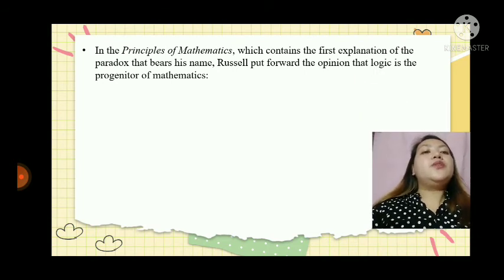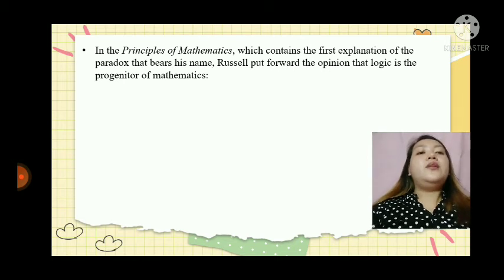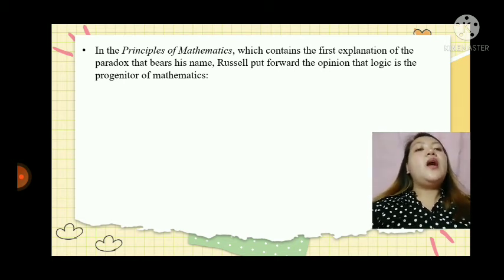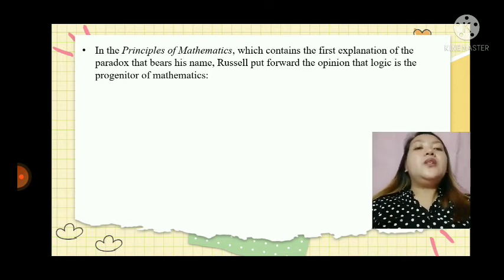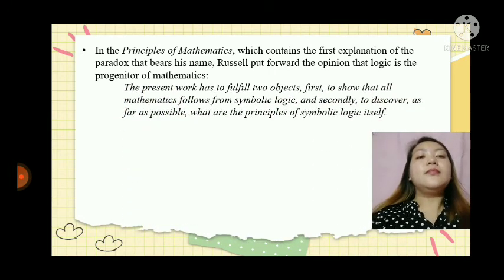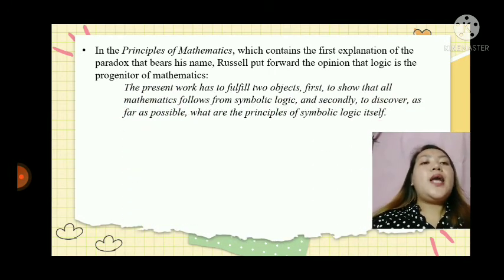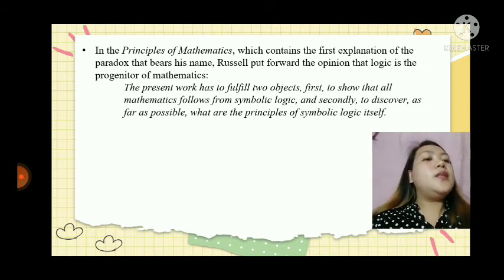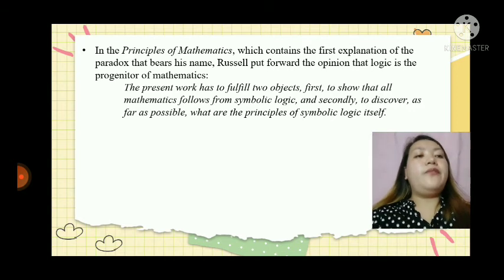In the Principles of Mathematics, which contains the first explanation of the paradox that bears his name, Russell put forward the opinion that logic is the progenitor of mathematics. The present work has fulfilled two objects. First, to show that all mathematics follows from symbolic logic, and secondly, to discover as far as possible what are the principles of symbolic logic itself.